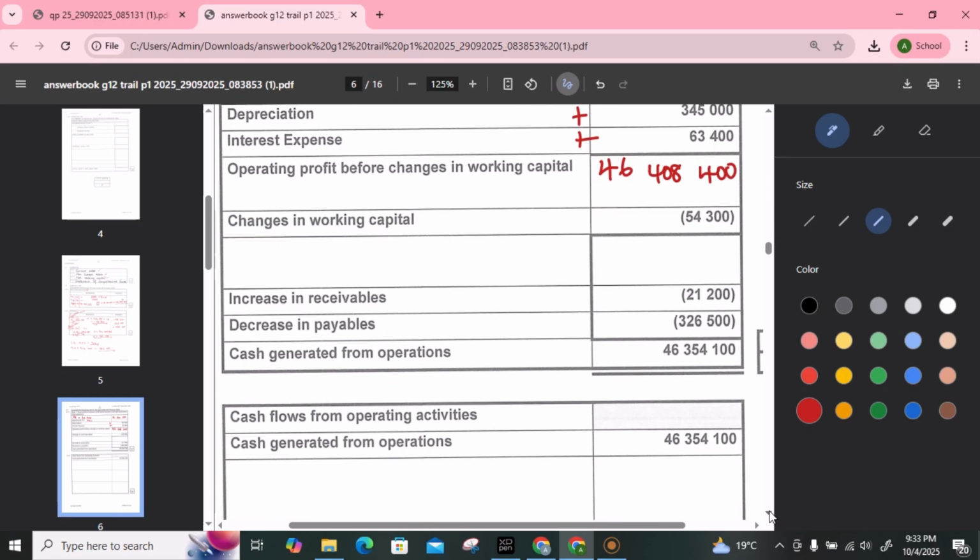On changes in working capital, you could see that debtors were applied, creditors were applied, which means here you are left with changes in inventory.